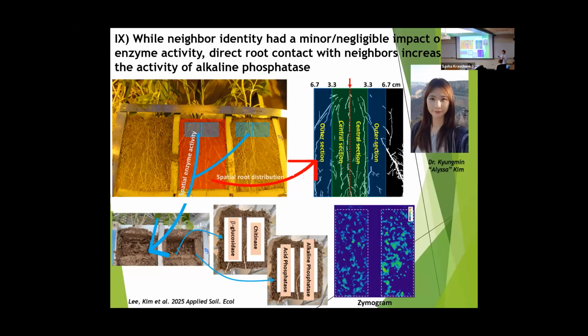But the part that I skipped, because I thought it would be too long anyway, is the nitrogen exchange. So I didn't talk about our nitrogen results. In all these, we also labeled the central plant. We did this foliar labeling with 15N, and then we traced the 15N transfer.